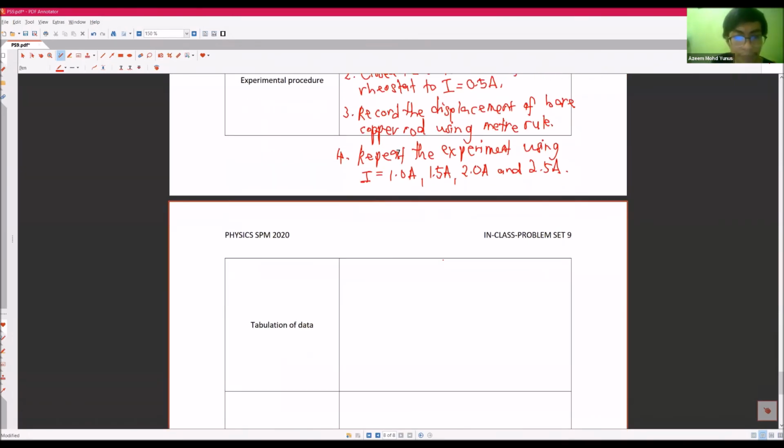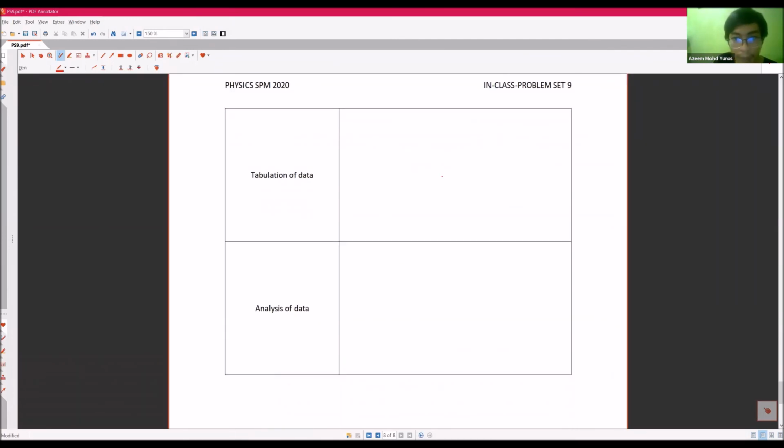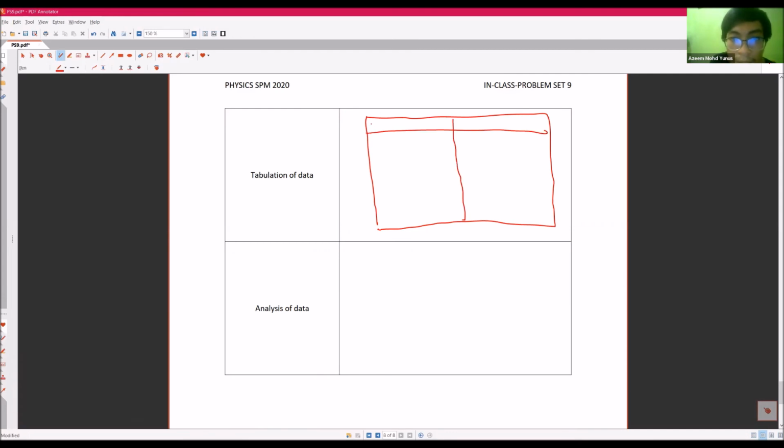Okay. The tabulation of data. So make sure that you draw the table like always using a ruler. This is the current in ampere. This is the displacement in centimeter or meter.